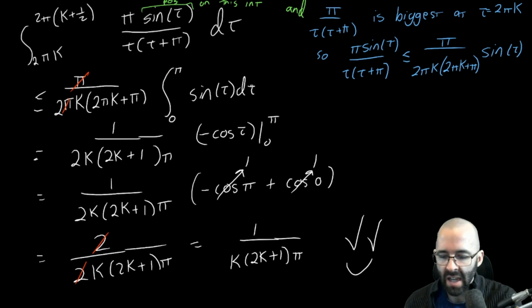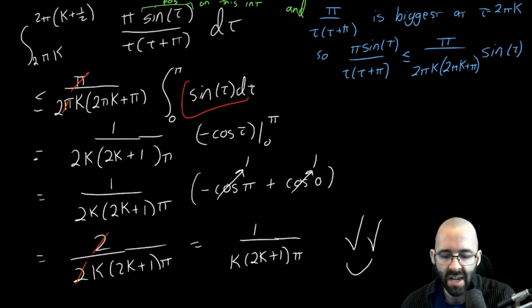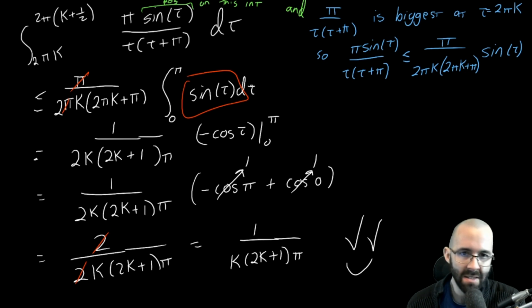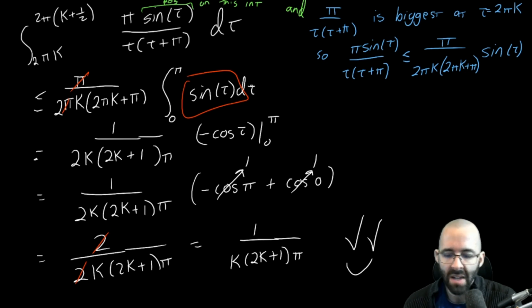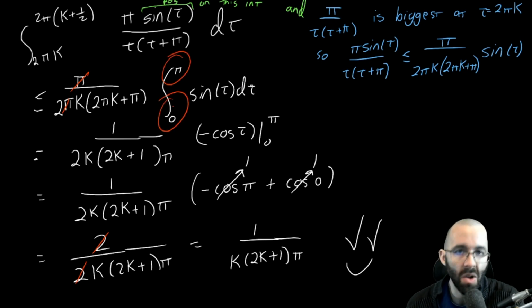So instead of looking at this half of a period, let's look at this half of a period, because we know sine's going to be the same on the first half of any of its periods. 0 to pi is going to be the same as 2 pi to 3 pi, same as 4 pi to 5 pi, and so on. Just makes it a little easier. You didn't have to have this. You could keep the old limits of integration right here.